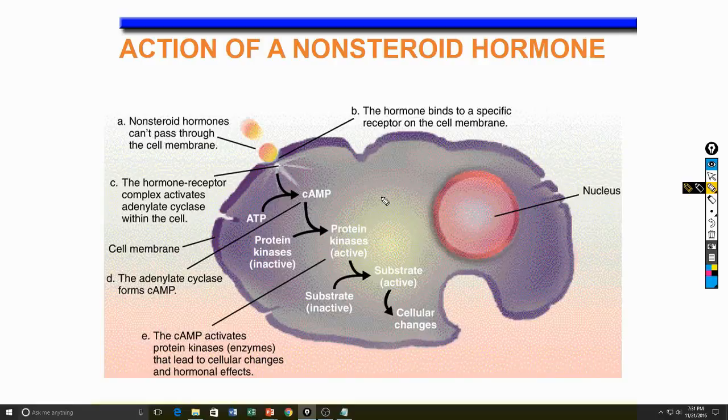In some cases there's dozens of internal steps of activation, and you'll get some sort of a change within the cell. But just know that non-steroidal hormones don't go into the cell, they just bind at the outside, and then they cause a chain of reactions to the inside which have some sort of an effect.